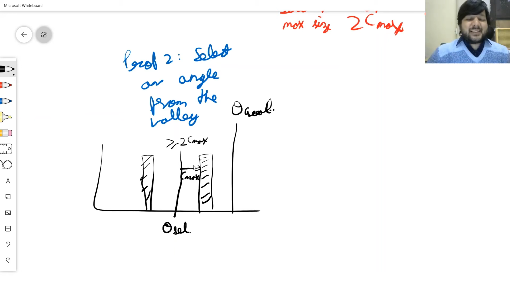Because Cmax is the maximum clearance that I want. I could have gone more over here, but then that would have maximized my clearance, which is already at the maximum of Cmax, and my secondary criterion would have suffered unnecessarily, even though my primary criterion is at the maximum value possible.